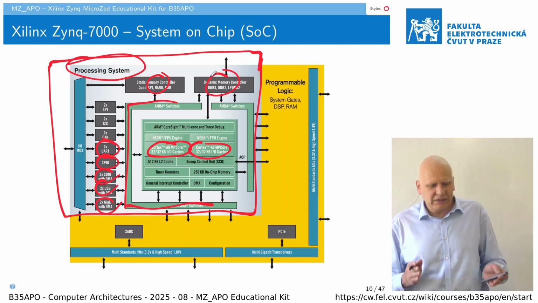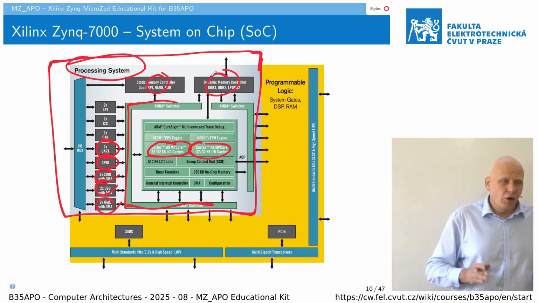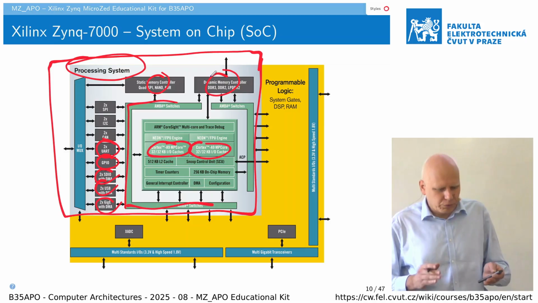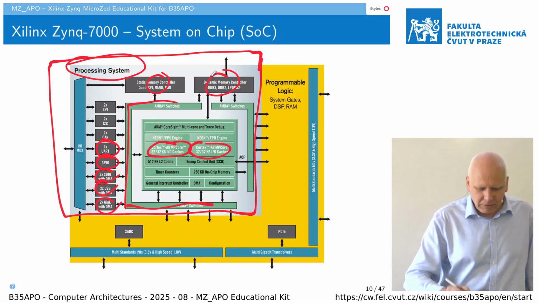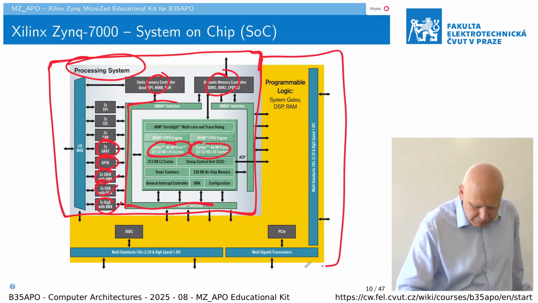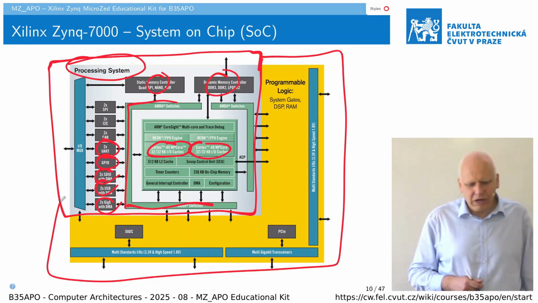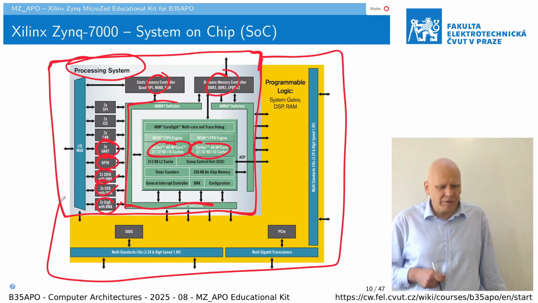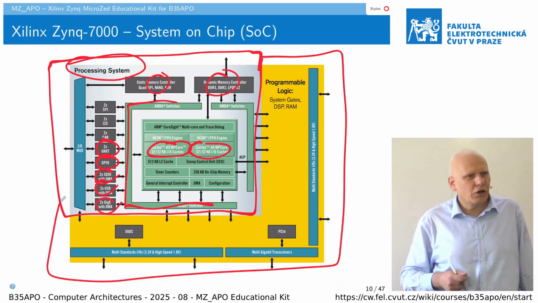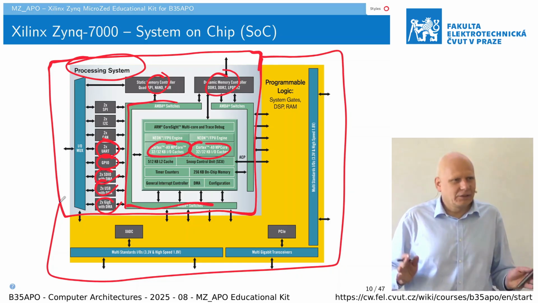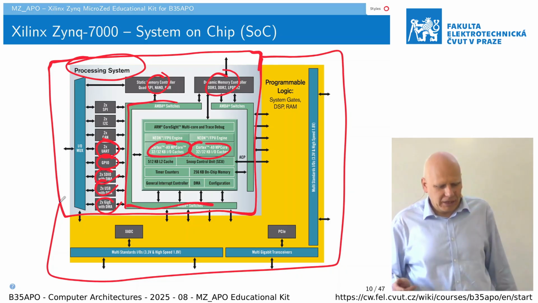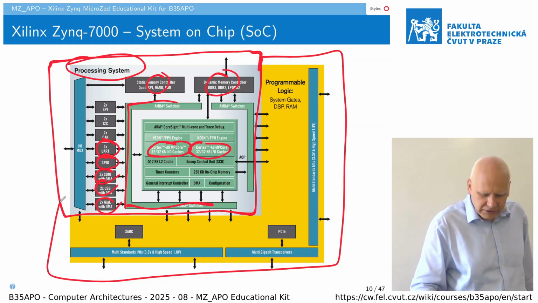So this is a relatively low performance computer from today's point of view. But what is interesting is that there is another part, the so-called programmable logic, where you can implement your own hardware, so basically a logical design by configuration of those cells.